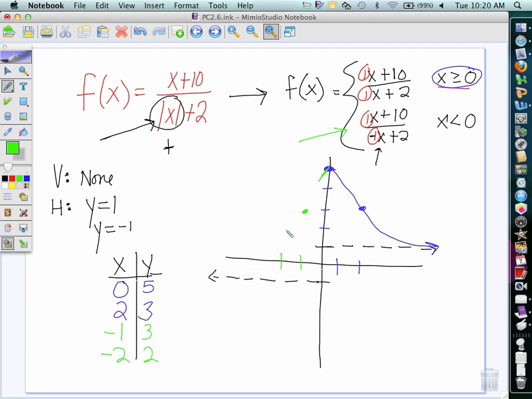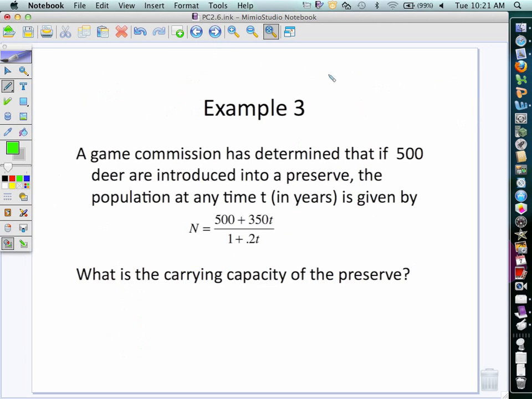And if I put negative 2 in, I have 8 over 4, which is 2. All right, this side of the graph goes all the way up to that 5, but slowly approaches the second asymptote, never crosses it. There's your piecewise function.